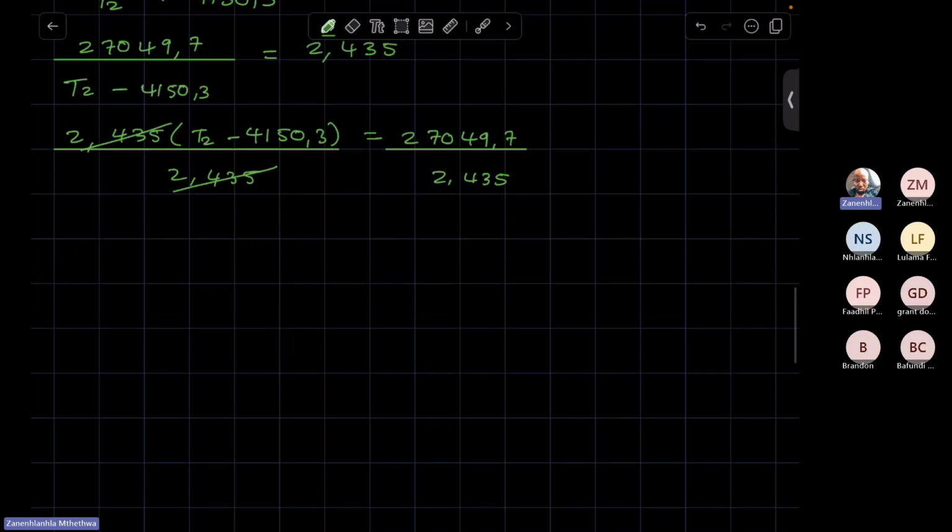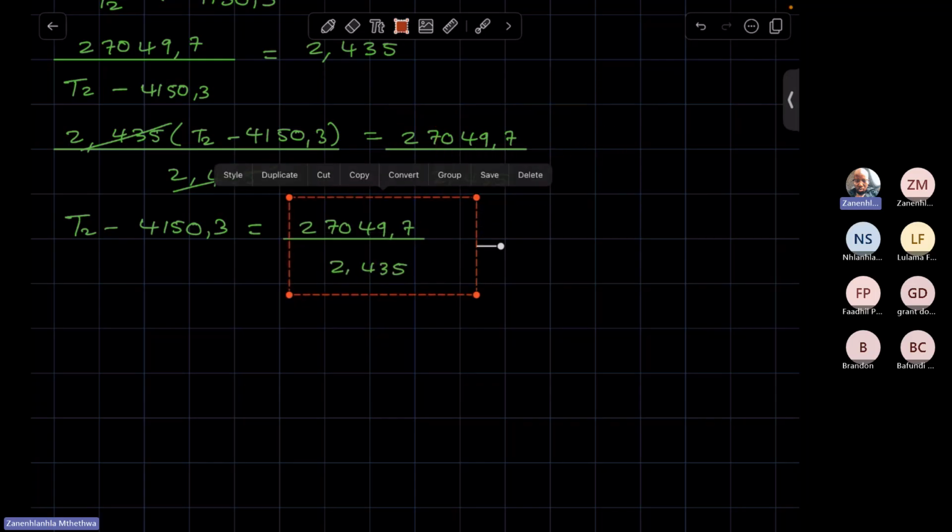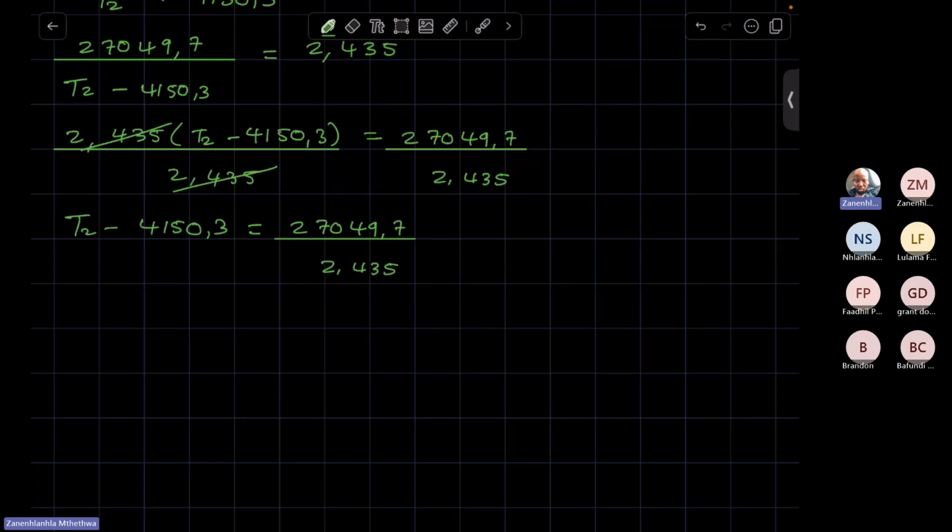You are left with T2 minus 4150,3 is equal to this here, which I'll just have exactly as it is.